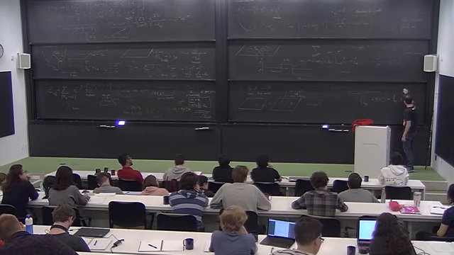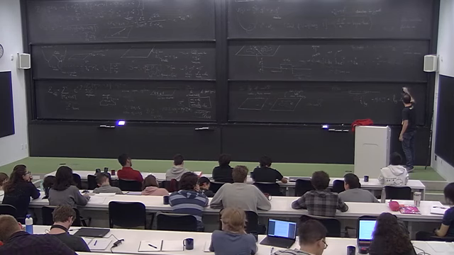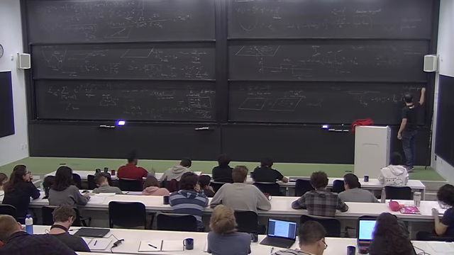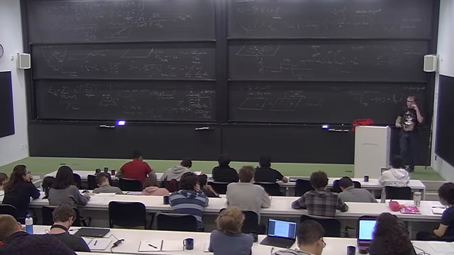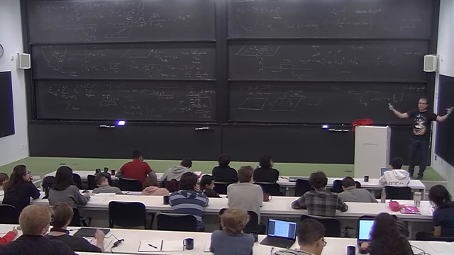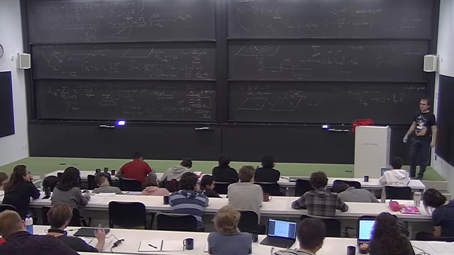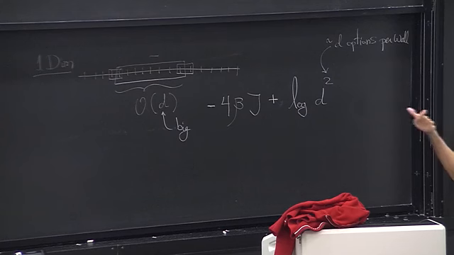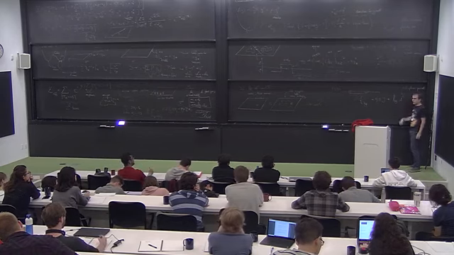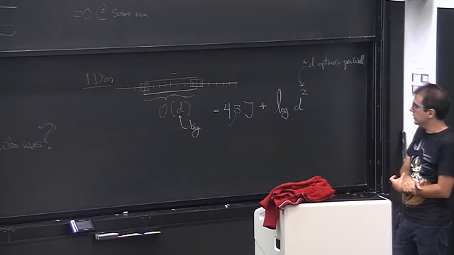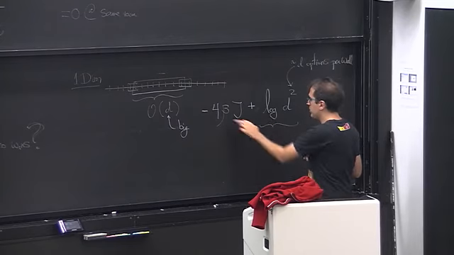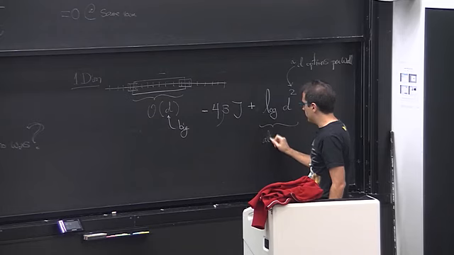That's the entropy for creating some big chunk. It gives me something of order log of d squared. So we see that this is much bigger than this. So this always wins.